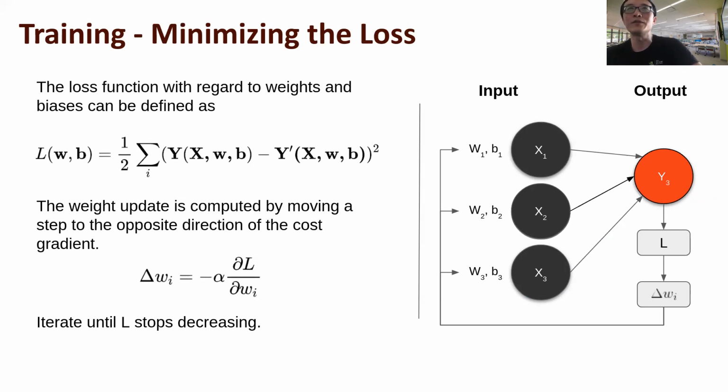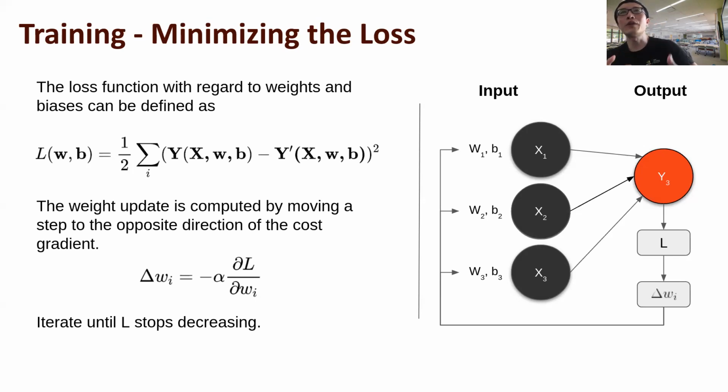There are many variants of this method, but the basic idea is to take the derivative of this loss function with respect to this weight, which is a variable here. X and Y prime here are the input, the data set you have. Partial L, partial W will give you the gradient, and alpha here is the so-called learning rate, determining how big a stride you want to go backward to change your weights.